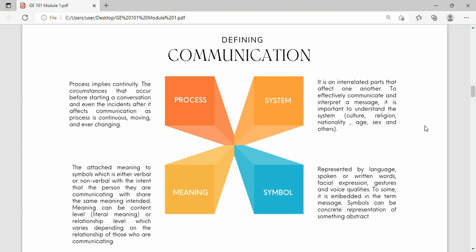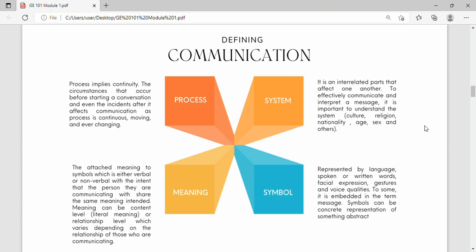And sa pagko-communicate natin, even our facial expression, nagmamaterialize yan. Also, the voice quality. Minsan kapag napataas yung boses mo, other people might perceive it as galit ka or overjoyed or mataray ka as a person. So, maaaring iba ang maging perception ng ibang tao pagdating sa symbols.